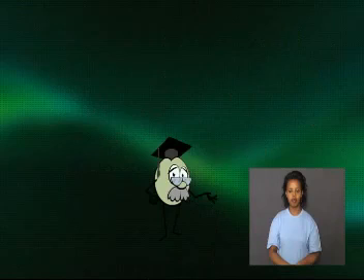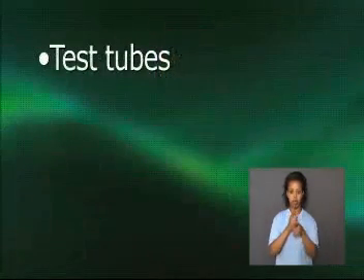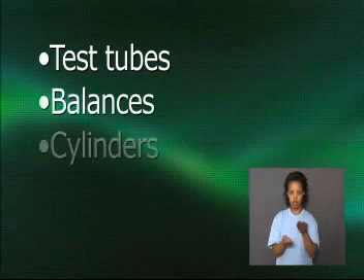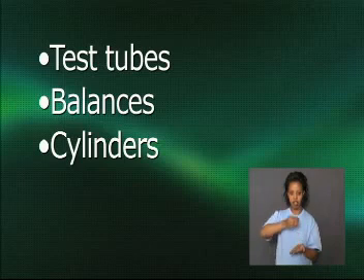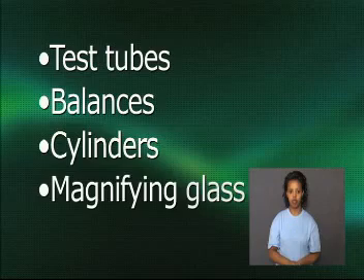Time's up. Let's get back to our lesson. Welcome back, students. I bet you were able to name a few tools. You may have listed test tubes, balances, cylinders, and magnifying glass, just to name a couple.